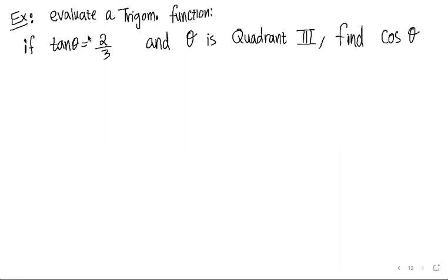Negative. It is negative. So first of all, I set the sign for the cosine function as negative, because theta is in the third quadrant.